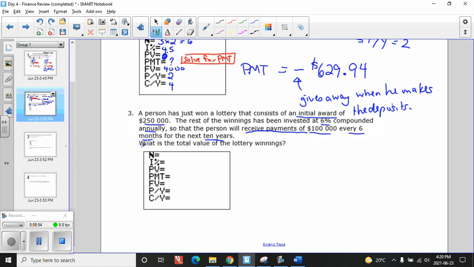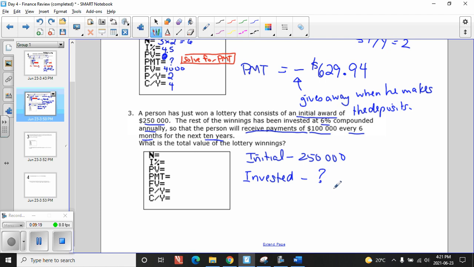Okay, so this one's got a lot of stuff going on as well. There's the initial prize of 250,000, initial or upfront money. And there is the invested amount that's separate from that. And I don't know what that part is.